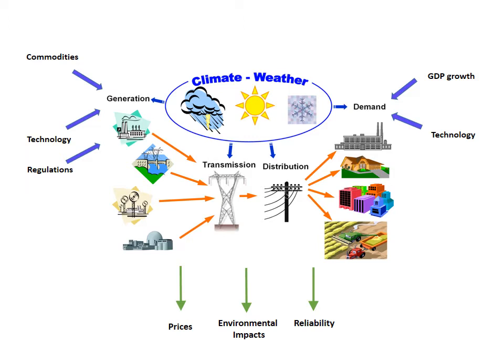And then we're also constantly keeping track of all these metrics that we use to describe whether or not electric power systems are performing in a way that we deem successful, right? And we judge that by how much it costs, electricity prices, the impacts, environmental or otherwise, that the systems are having, and then reliability. And so at the top here, you can see weather and climate.